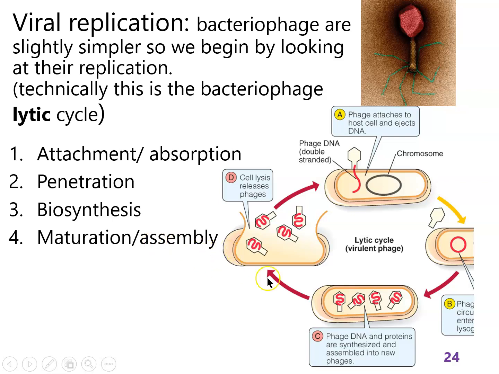It's the process of fully assembling the virions. And this all happens in the cytoplasm in a bacterial virus. And then the last thing is release. This is where a bacteriophage is typically going to lyse the cell and get out that way. So this cell dies during this process.